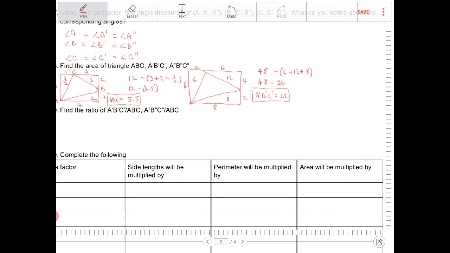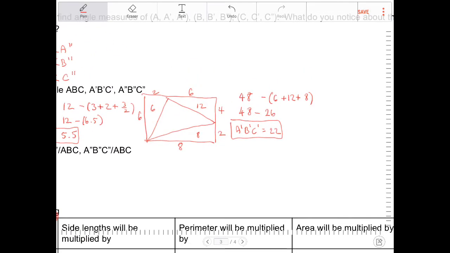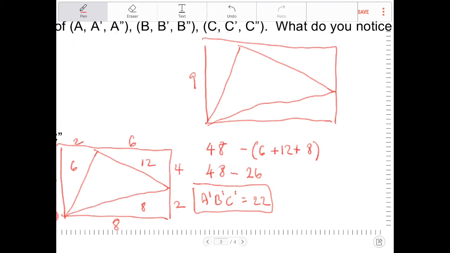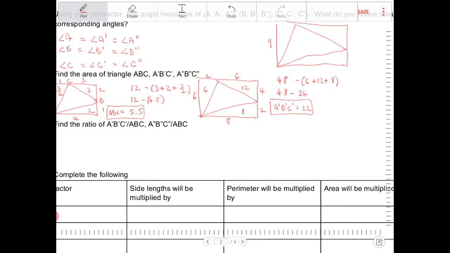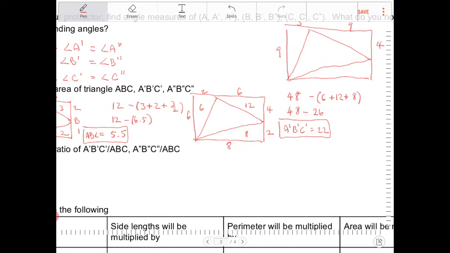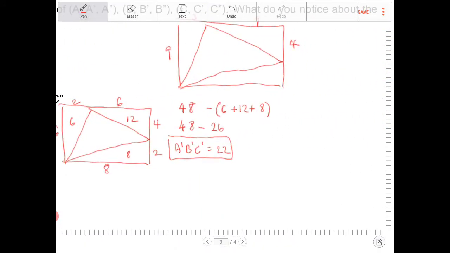Okay? I'll draw it up here, the last one. So this will be 9 by 3. And this will be 9 by 4. And then this will be 12 by 3.